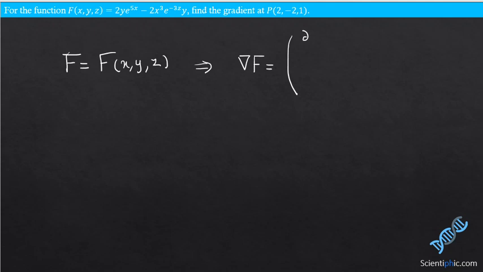So we should know that the gradient vector is a vector in this form. If function f is a function of x, y, and z, then the gradient vector, or del f, would be the partial derivative of f with respect to x, the partial derivative of f with respect to y, and finally the partial derivative of f with respect to z.